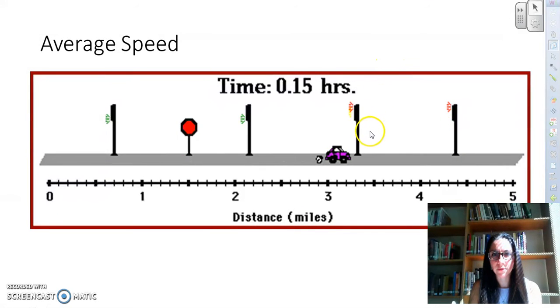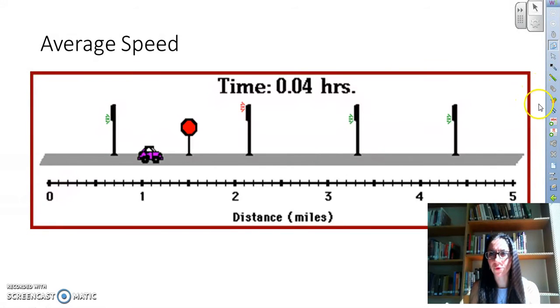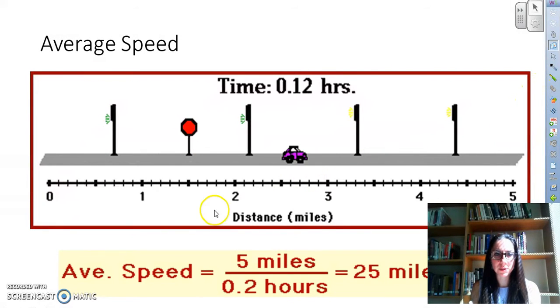So in this video, you can see that average speed is actually not too informative. So using the same method as before, if I wanted to find the average speed of this, I would calculate the total distance. So in this case, we have 5 miles. And the total time as it goes through becomes 0.2.